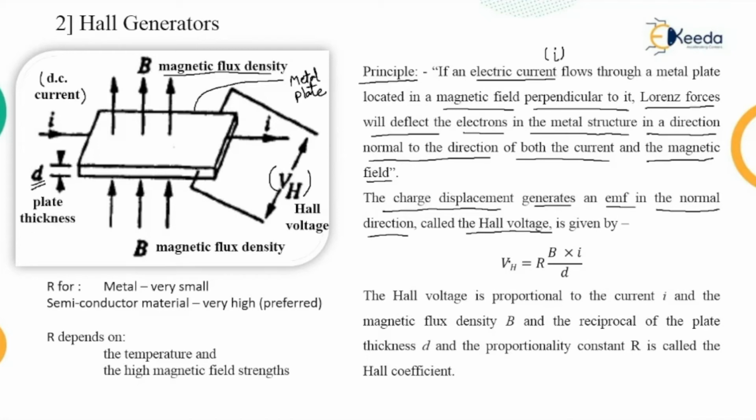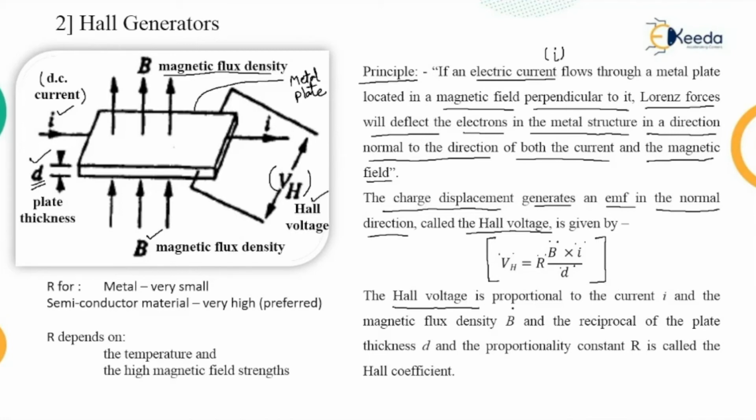This VH depends on the flux density, the amount of current passing through it, the plate thickness, etc. And therefore, it is given by the equation VH equals R multiplied by B multiplied by I divided by D, where VH stands for Hall voltage, B stands for flux density, I stands for the current passing through it, D is the thickness of the plate, and R is the proportionality constant. That proportionality constant is called the Hall voltage constant.